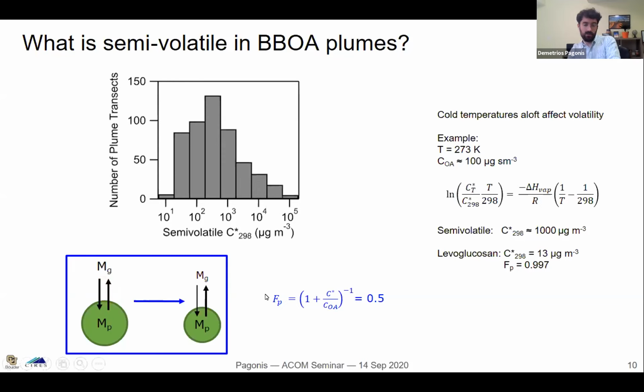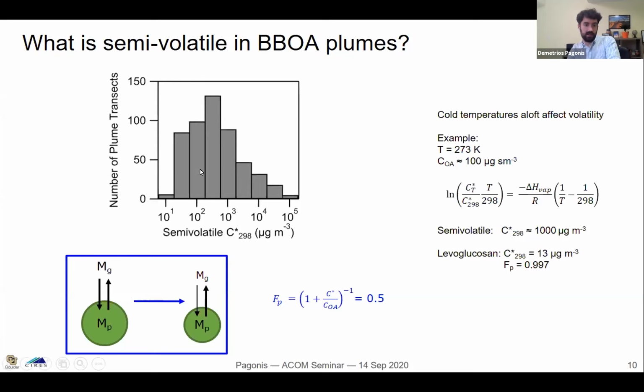And so what we can do is we can take our expression for calculating the fraction of a component in the aerosol phase, set it equal to 0.5, and then take the temperature and the concentration of OA conditions that we experienced at FIREX and generate this histogram here showing what the C star at 298 K is in each transect that is equally partitioned between the gas and particle phase.